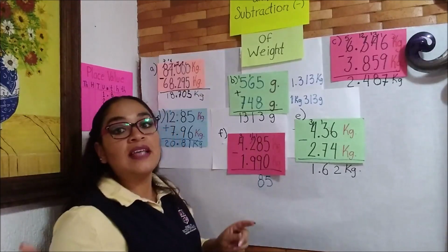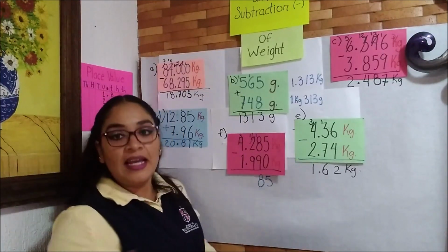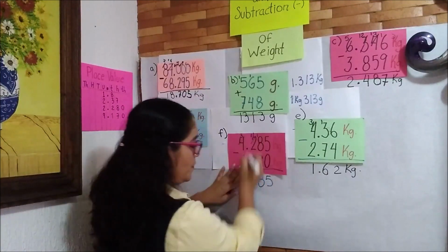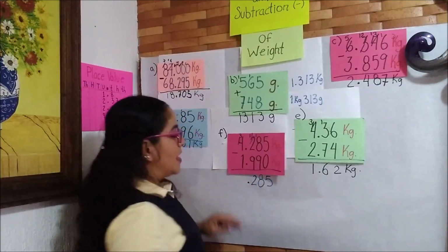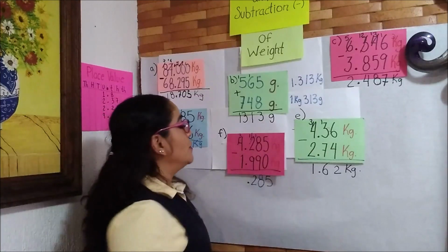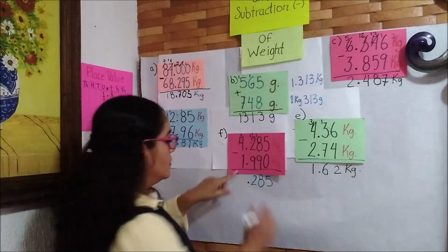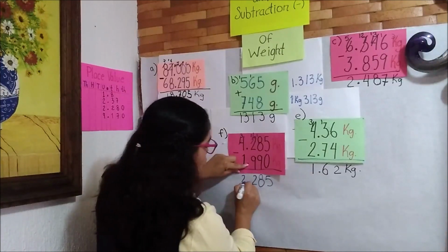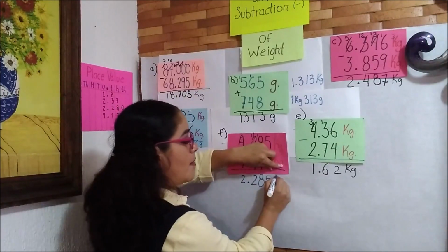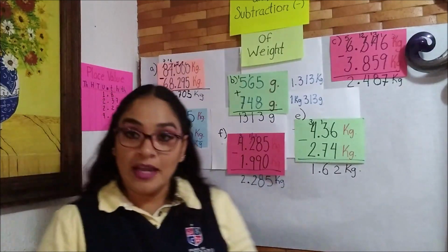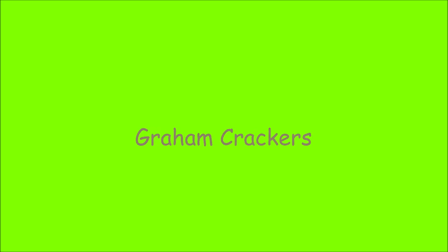The neighbor now is a 3, and it is an 11. Minus 9, I'm sorry. The answer is 2. And also, we have 3 minus 1, 2. So the other bag of rice weighs 2.285 kilograms. Wow!